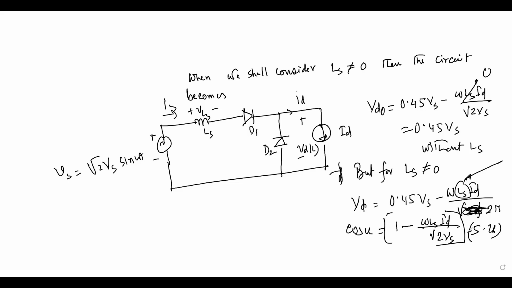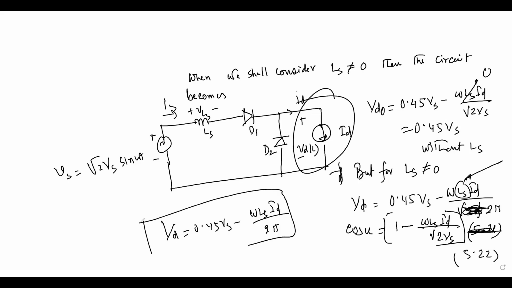Cosine U will be 5.22, and the Vd equal to 0.45 Vs minus omega Ls ID divided by 2 pi, the average value of the output voltage, that was your 5.26.